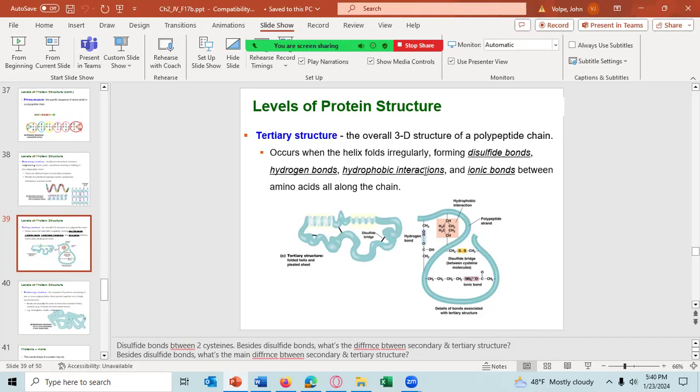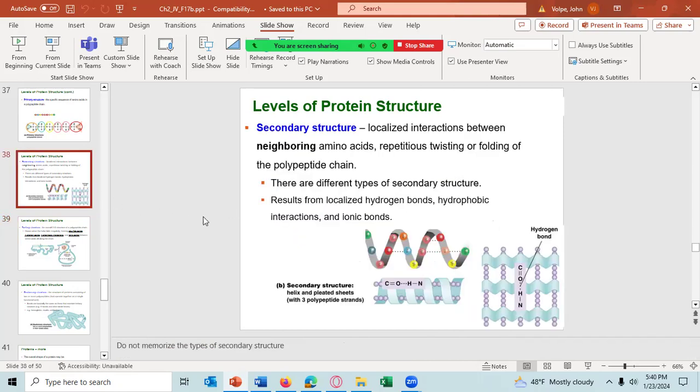For the tertiary structure, you have all of the forces of attraction and repulsion that we saw in the secondary structure. So there can be attraction between two polar amino acids. There can be attraction between two nonpolar amino acids. They can form hydrogen bonds.